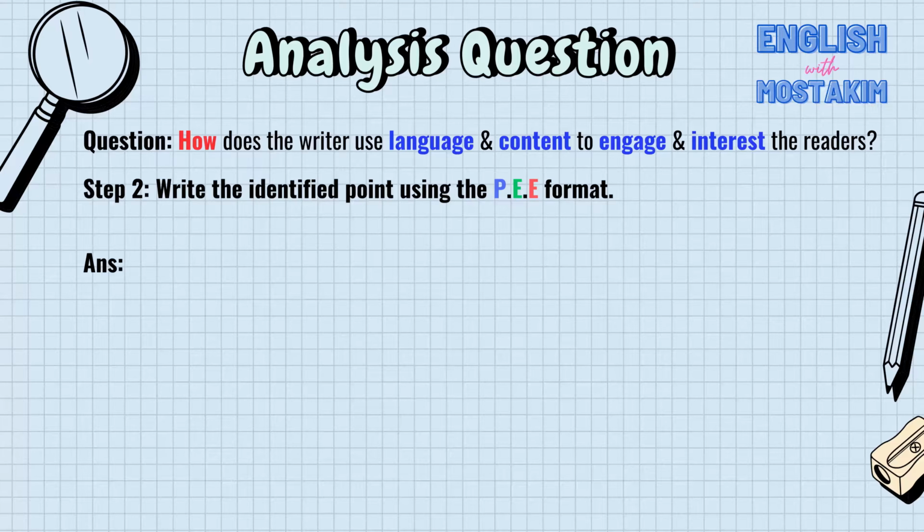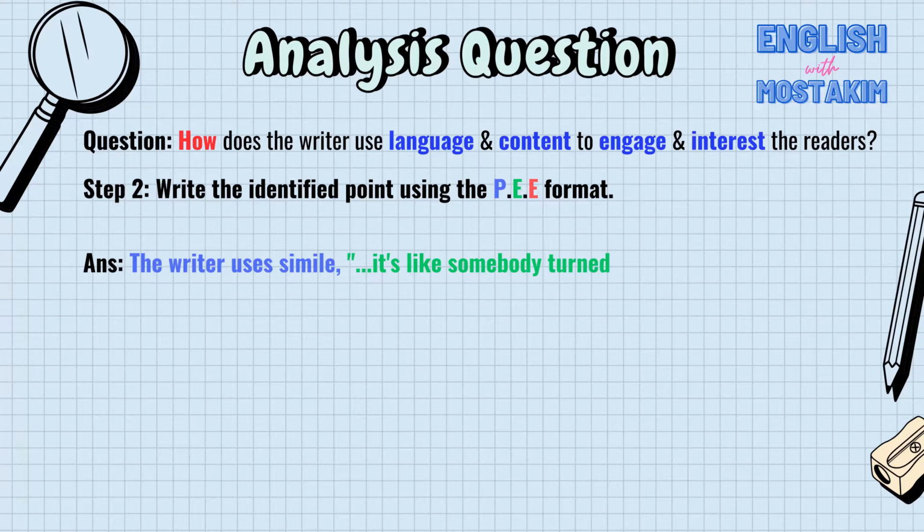Now let's see how we will write this down in the answer using the format. According to the format, we first need to write down the point. So we will write the writer uses simile. Next up, we need to provide the evidence.